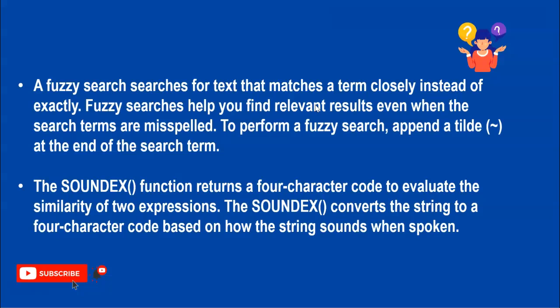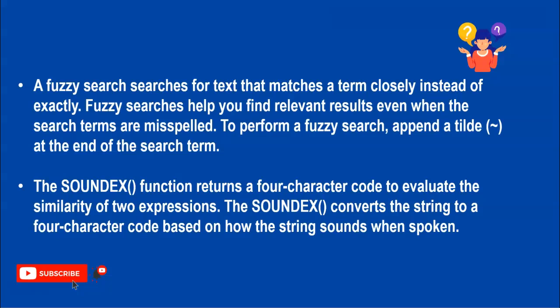So what is fuzzy search? A fuzzy search searches for text that matches a term closely instead of exactly, like the sound, right? So if somebody wants to call Amitabh or Leslie as Laslie, it will catch that particular term.